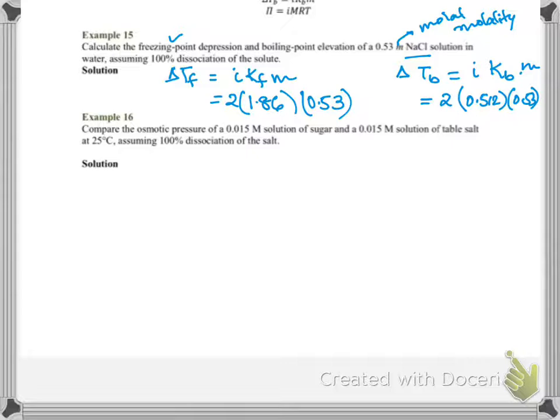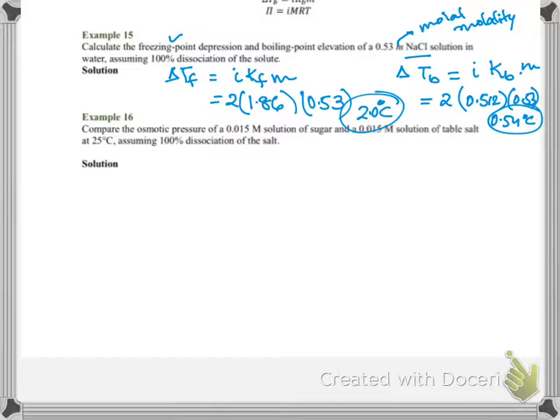So for delta TF, the answer should be 2 degrees Celsius, and delta TB should be 0.54 degrees Celsius. So that's what you have to keep in mind when you are adding an electrolyte.